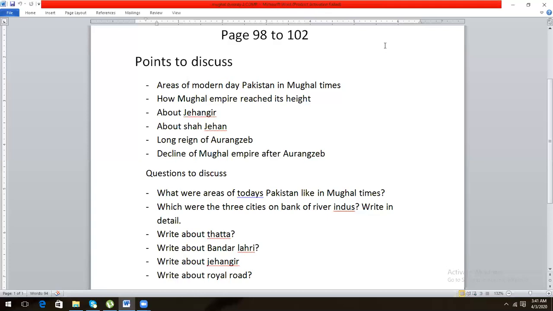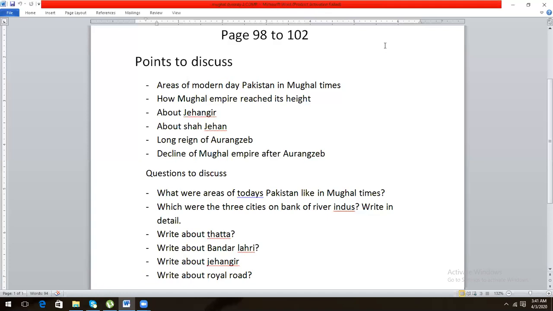This was all about Jahangir, and now I want to discuss an important road which linked Lahore and Agra, the two main cities in Akbar's period, and that was known as the Royal Road.